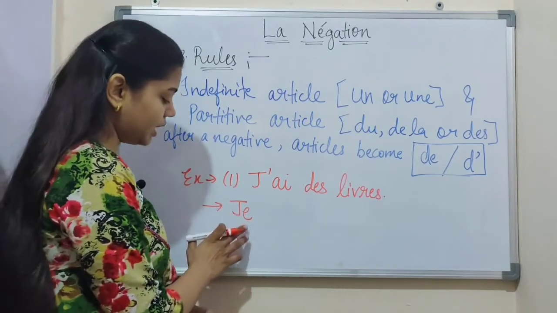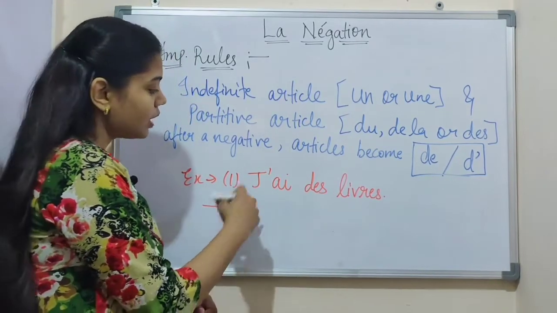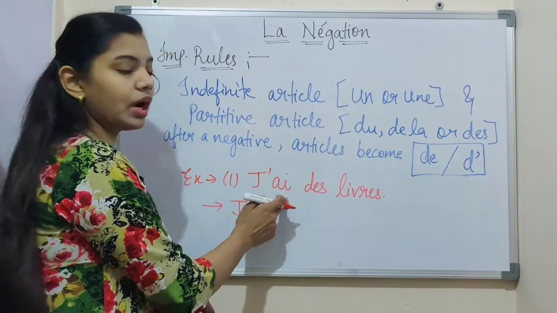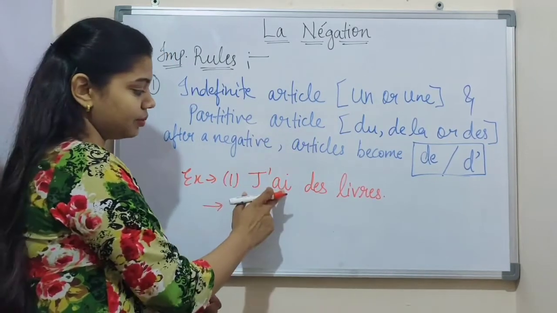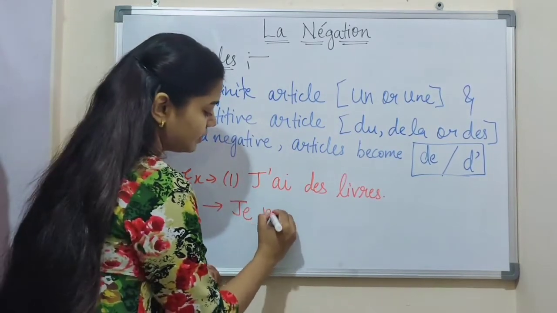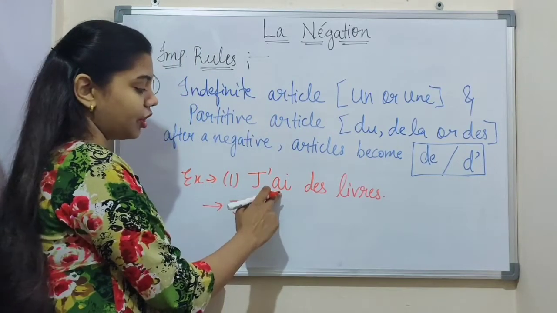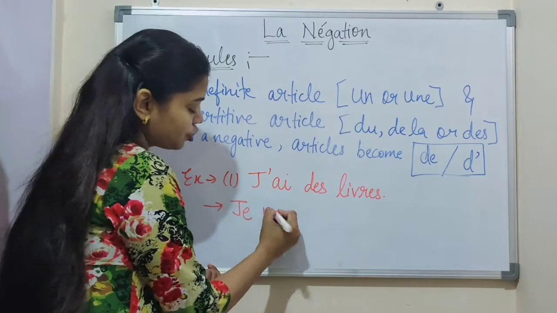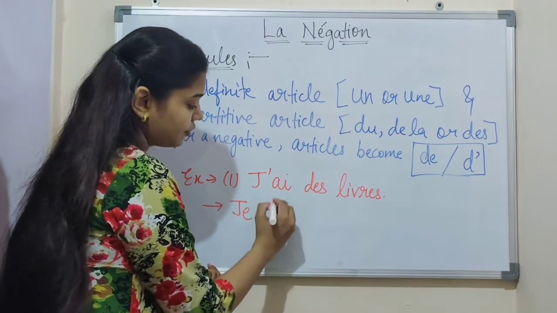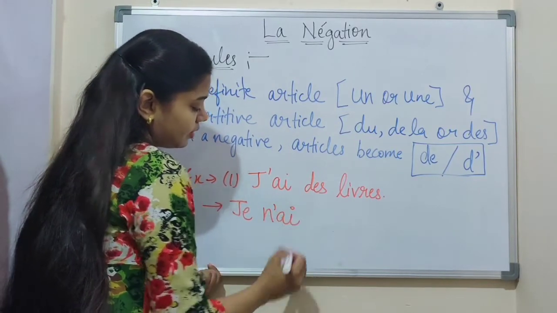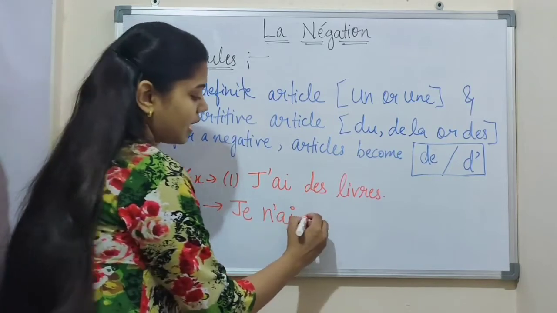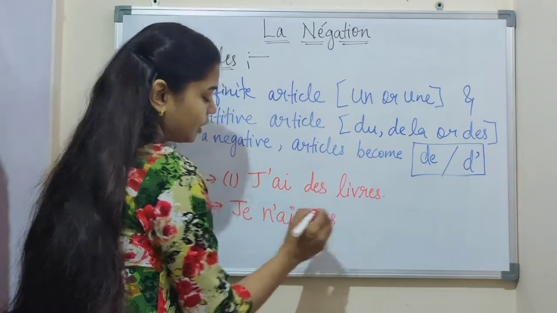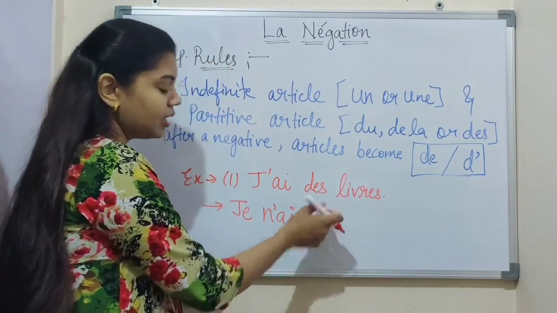First of all, we write je, then before avoir we add ne, and because the verb starts with a vowel, we drop the e and add an apostrophe. After the verb, we add pas. So, je n'ai pas, and then des.